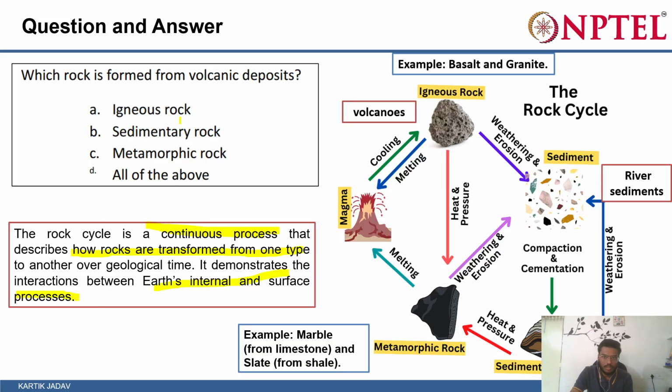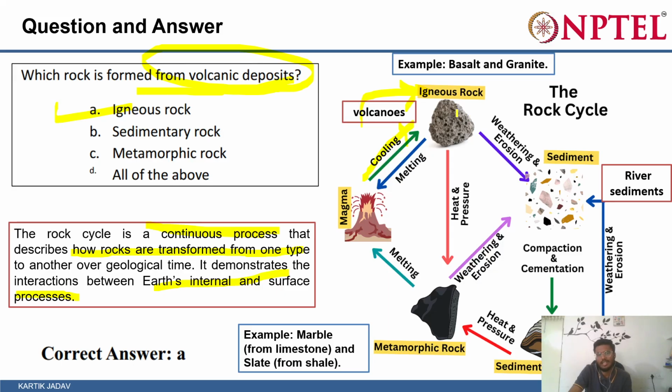Generally, whenever magma forms and cools down, that forms igneous rock. So the rock forming from volcanic deposits, from volcanoes, gets deposited and forms igneous rock. So the correct answer is A, right?